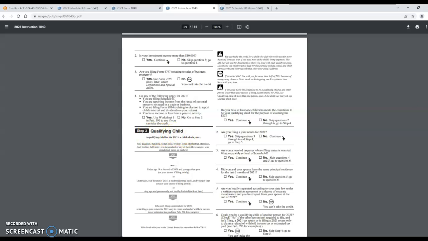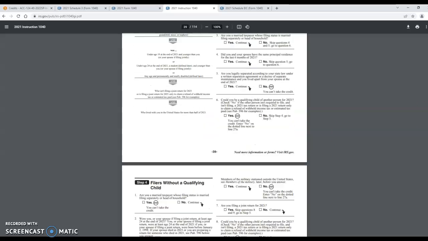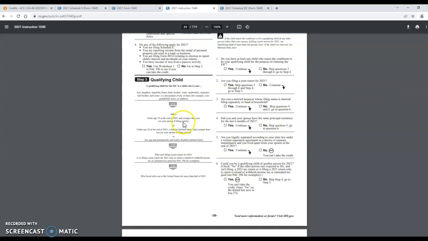Qualifying child. So this is about his child, Johnny. These are very similar to the qualifying child tests that we had to do from chapter 1, but they're just a tiny bit different. Basically the relationship test is the same, and Johnny is John's son, so he passes that.